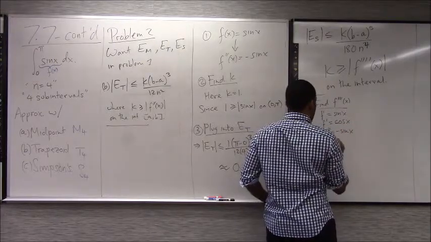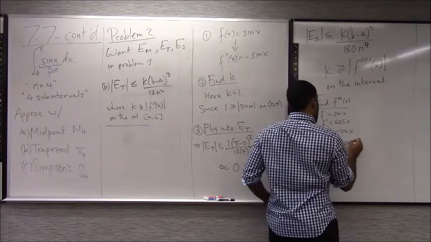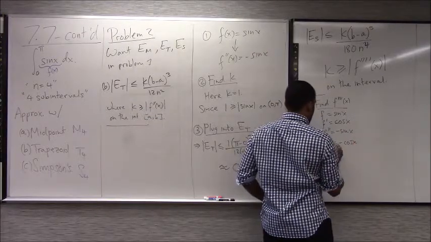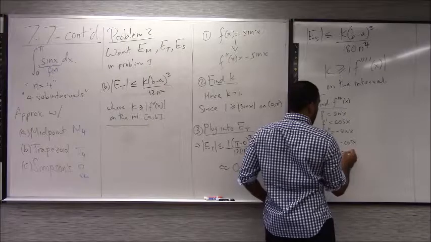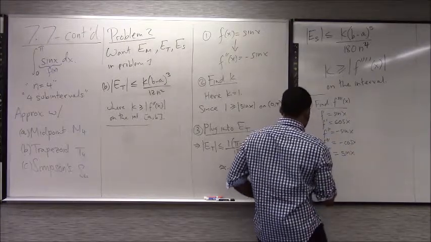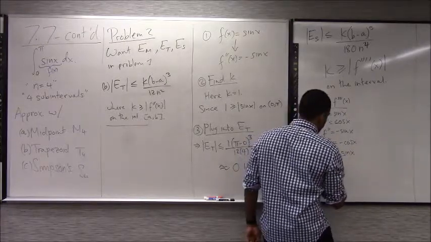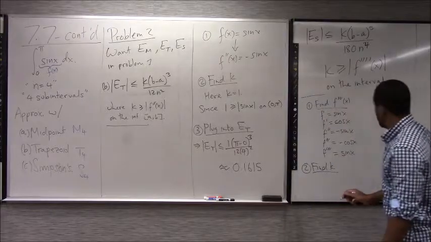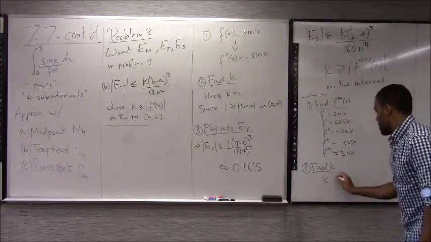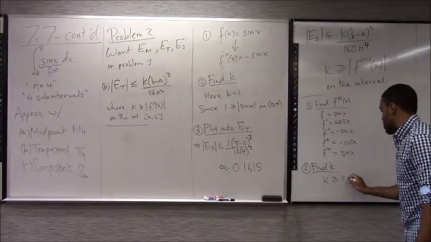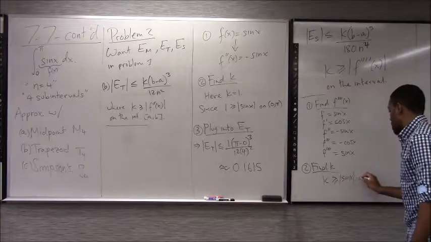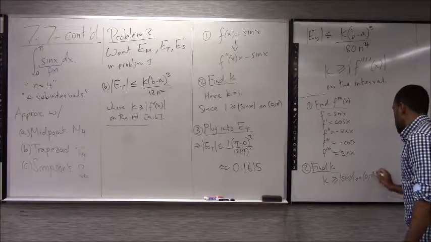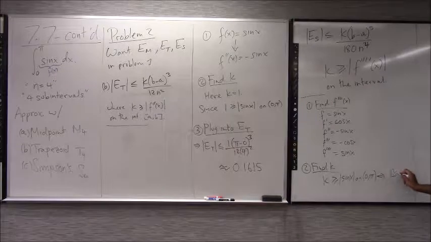F triple prime is minus cosine. F 4th prime is positive sine. 2, find k. So I want k to be greater than or equal to the magnitude of sine on this interval. Turns out that 1 works.